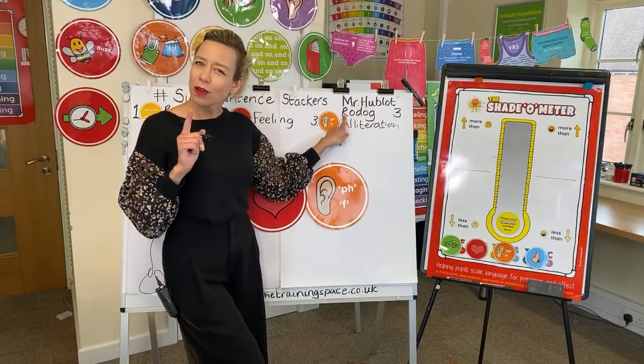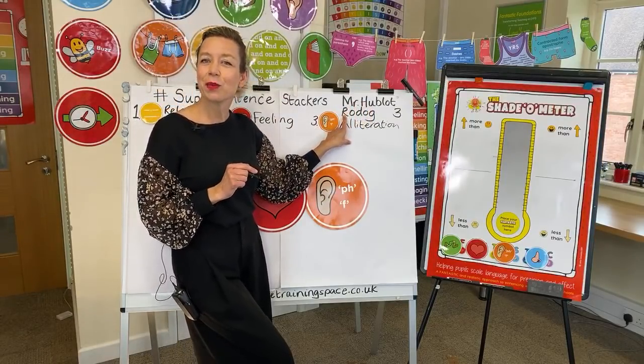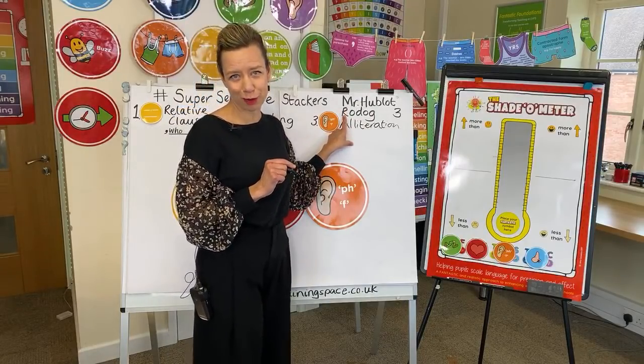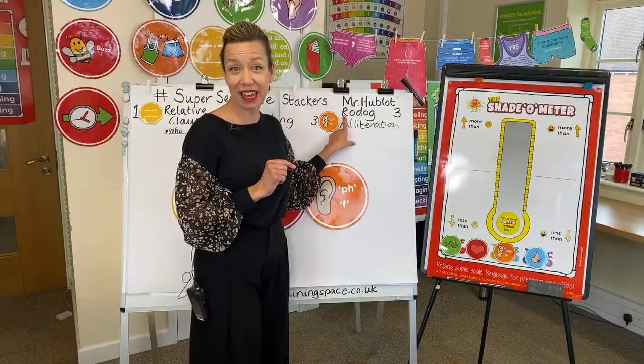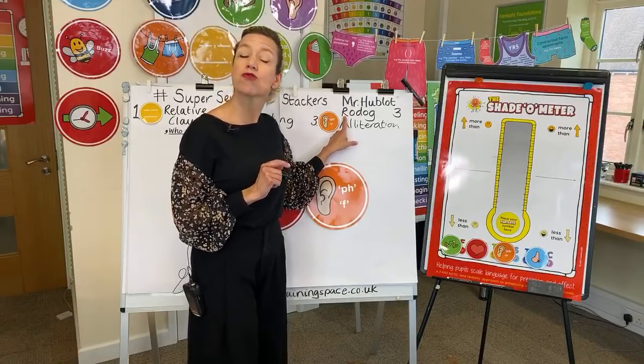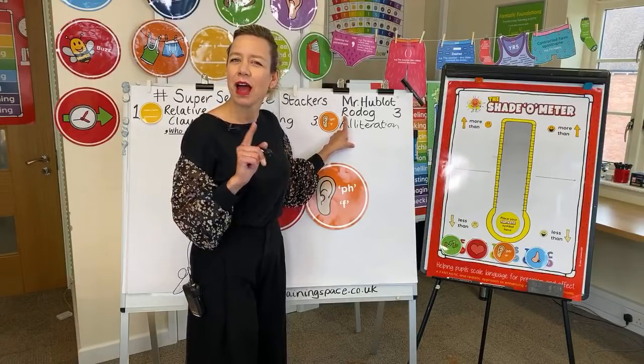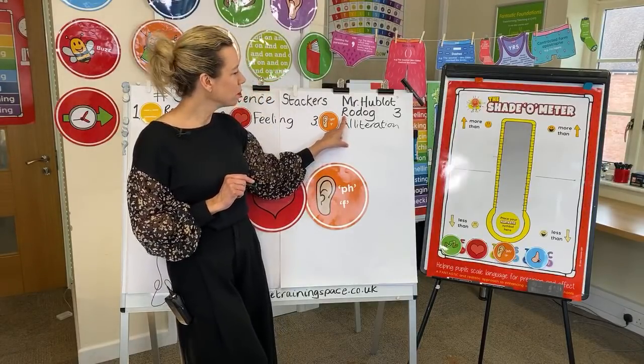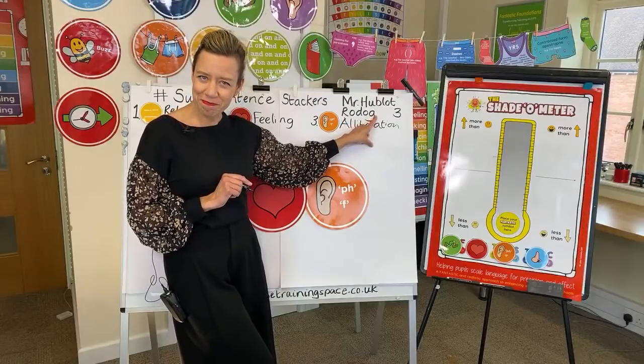The other thing, there's another character who we have to name, who is a robot dog. A metallic, futuristic robot dog. And if you notice here, I've called him Rodog.